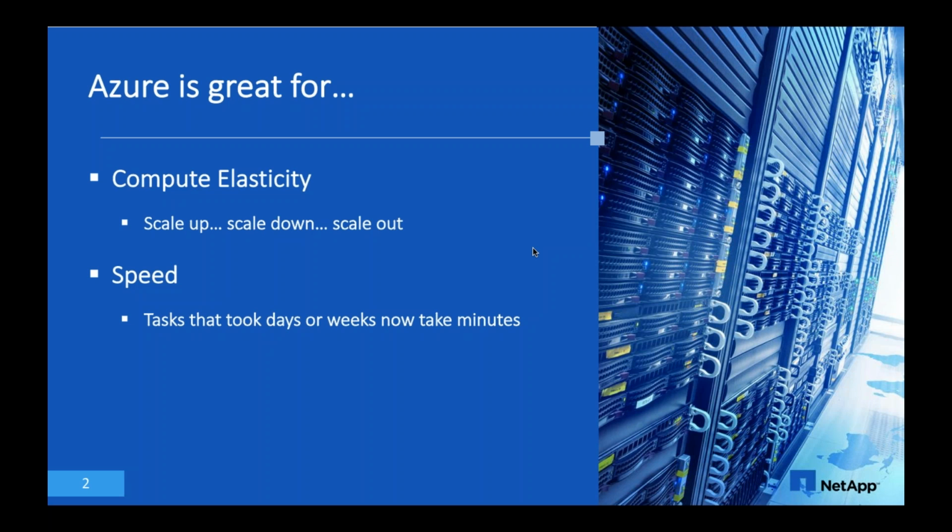So from a speed perspective, this allows you to choose the infrastructure that you need quickly, and turn it on, turn it off, and be done. Very, very quick. When you look at past models of having to get the equipment, you're talking weeks to get the equipment, and now you're talking minutes to deploy an environment or infrastructure.